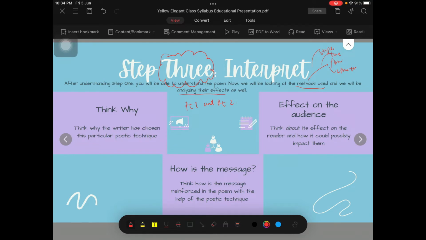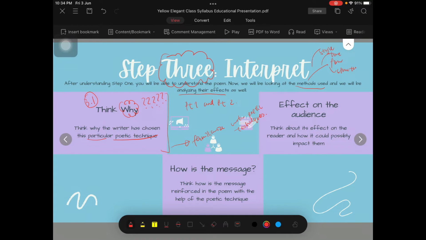So in 3.1, you always have to think of why. Here is the question word. You always have to imagine the question mark and think why. Why has the writer chosen this particular technique? Even before you get to step 3.1, you need to familiarize yourself with the poetic techniques, so that you're well equipped and can understand why the writer has chosen a particular technique.